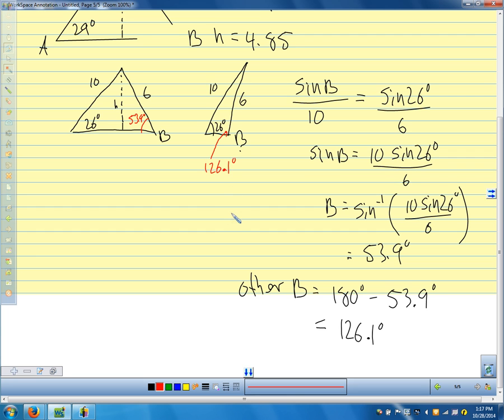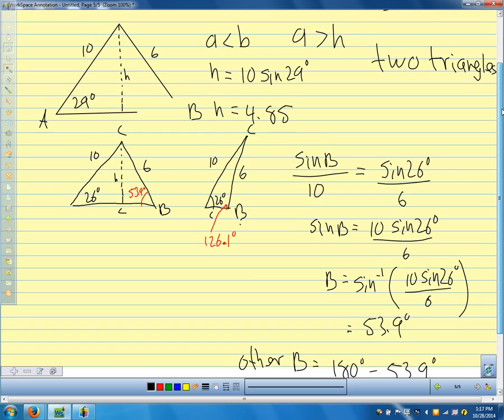If we needed to find side C, so this side down here would be side C, we would have to find the two possible angle C's. Once we have angle B, we could find angle C. And then we could use the law of sines again to find side C for each of these two possible triangles.